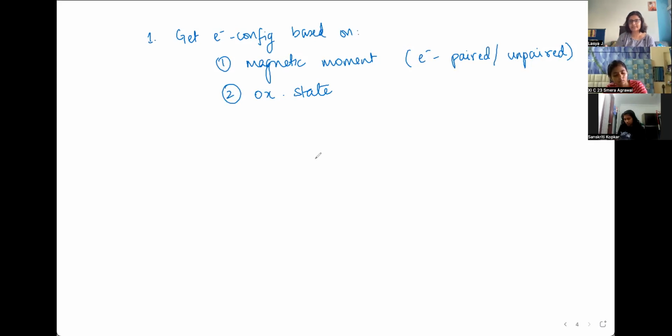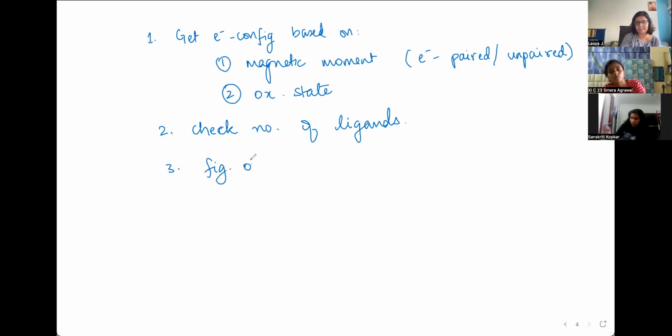Cobalt is 3 plus, therefore you figured it was d6. Otherwise it would have been d7. Then you check the number of ligands, and then figure out the hybridization from that.